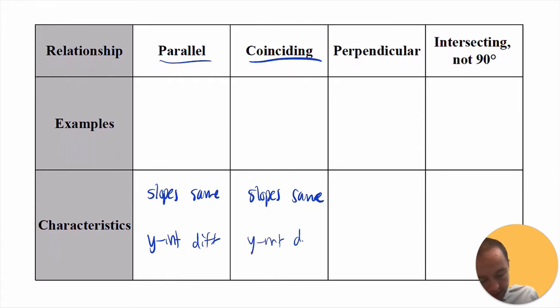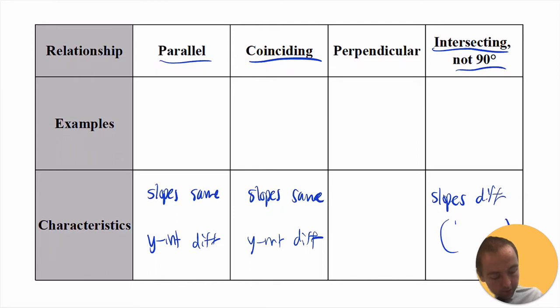And then anytime lines are intersecting but not at a 90-degree angle, you need to have the slopes be different but not be opposite reciprocal slopes. Whereas if they're perpendicular, then you'll want to look for opposite reciprocal slopes.